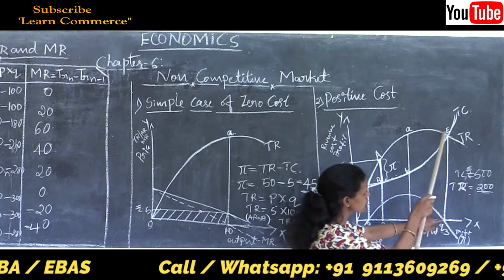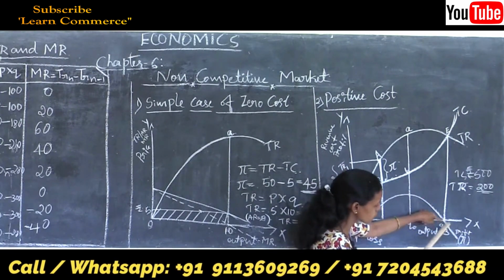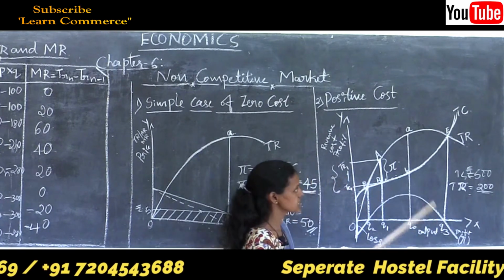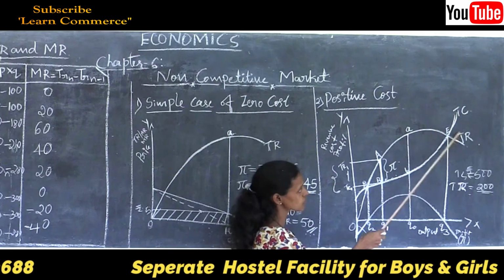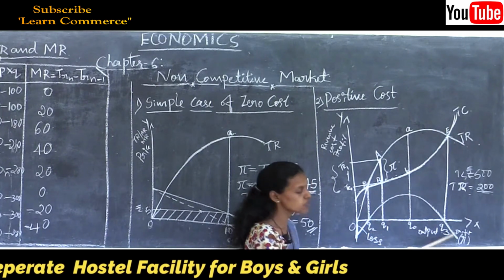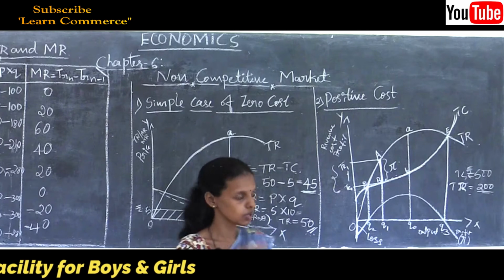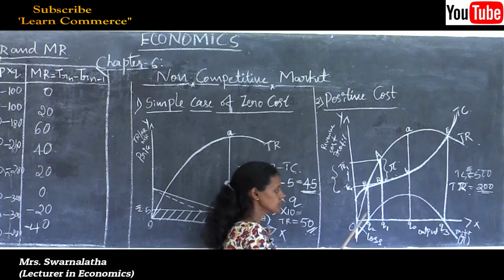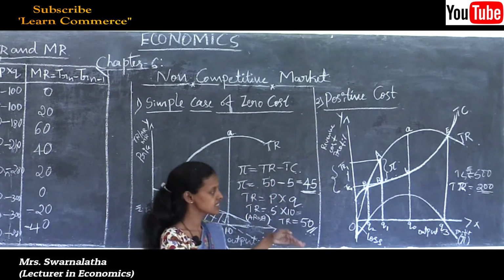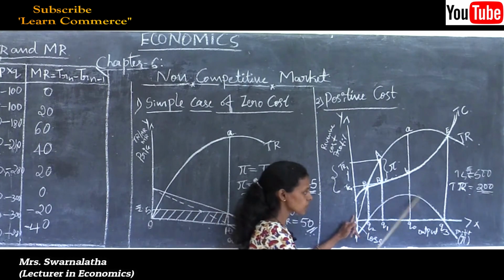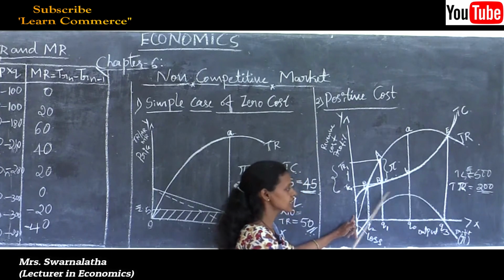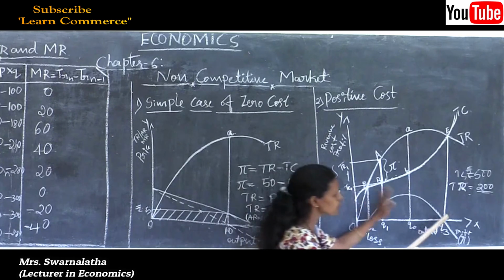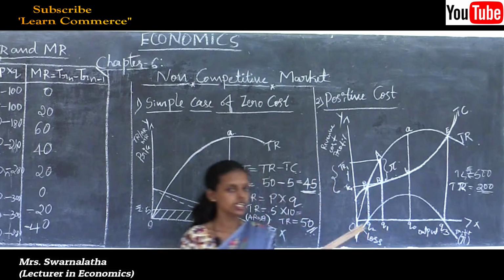Again after the equilibrium situation, the profit line lies below the OX axis. What it shows is that total cost is more than total revenue, leading to a fall in the profit curve below the OX axis. In the initial stage also the profit line lies below the OX axis. In the middle stage profits are more, thus it lies above the OX axis. After the equilibrium situation, the profit line lies below the OX axis.